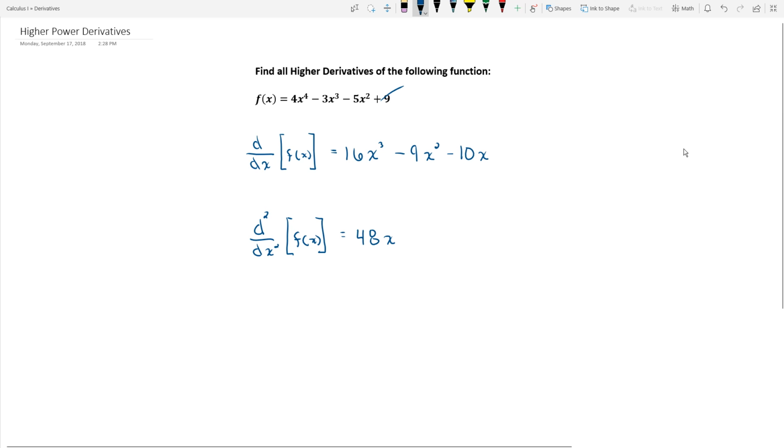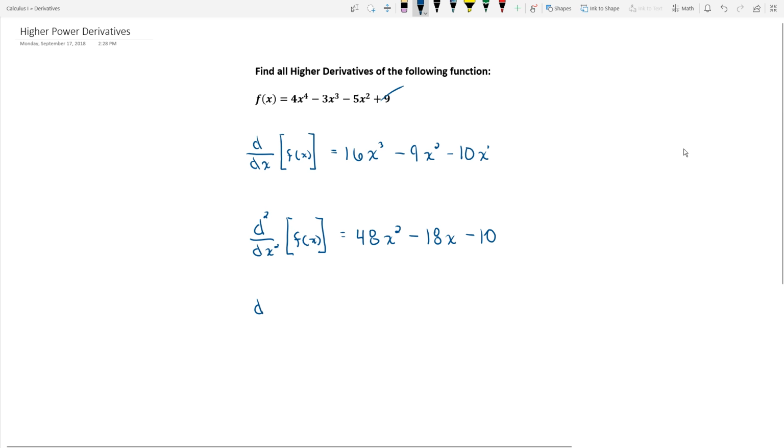So it's x to the third minus 1 leaves us with 2. And then 9 times 2 is 18 times x. And x to the second minus 1 leaves us with just x. And then we're going to have minus 10, since that first power here is just going to be 10. So we have reduced this down even further.